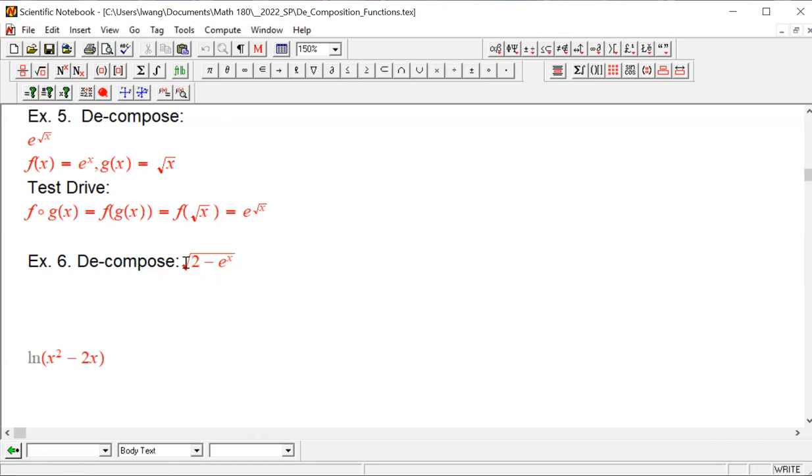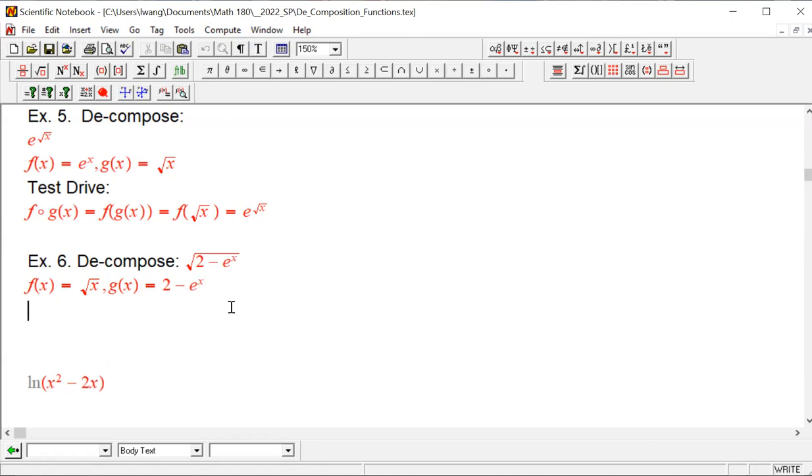If we look at the whole, it's a square root of something, okay? So the outside is the square root, the square root of x. And inside the square root is 2 minus e to the power x.